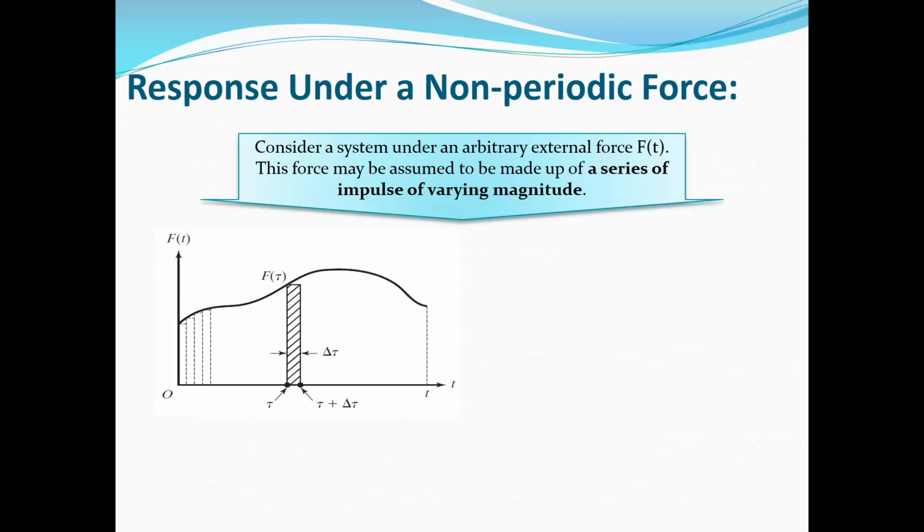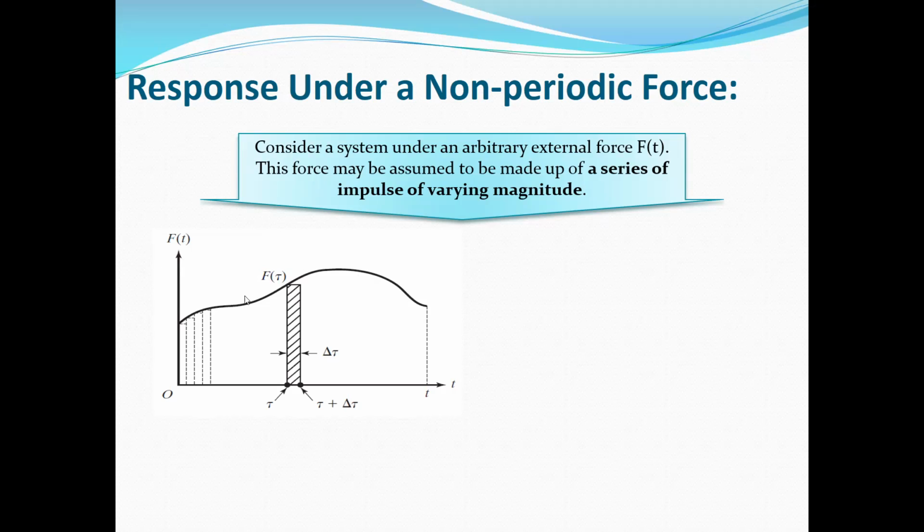Now we want to use the response of the impulse to find the response of a system subjected to a general force. Here we can assume that we have an external force F(t), which has a general form like this.